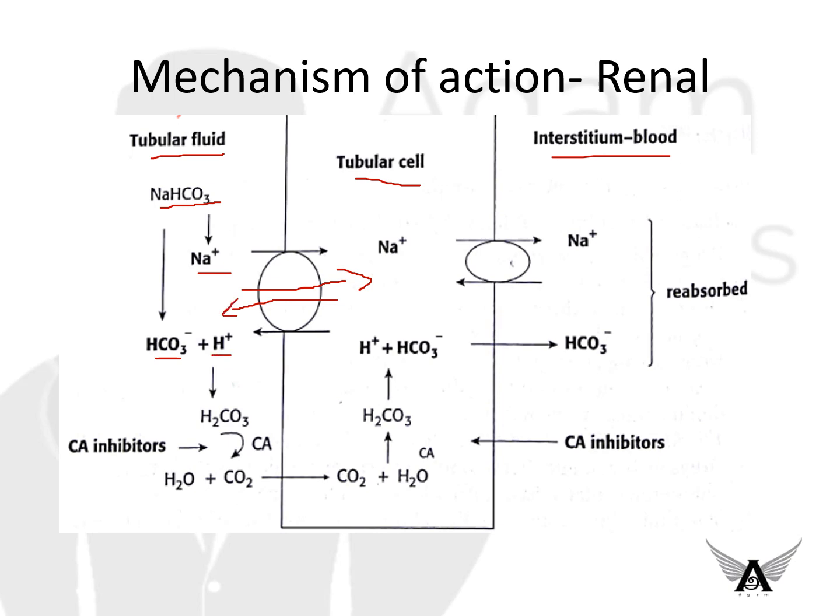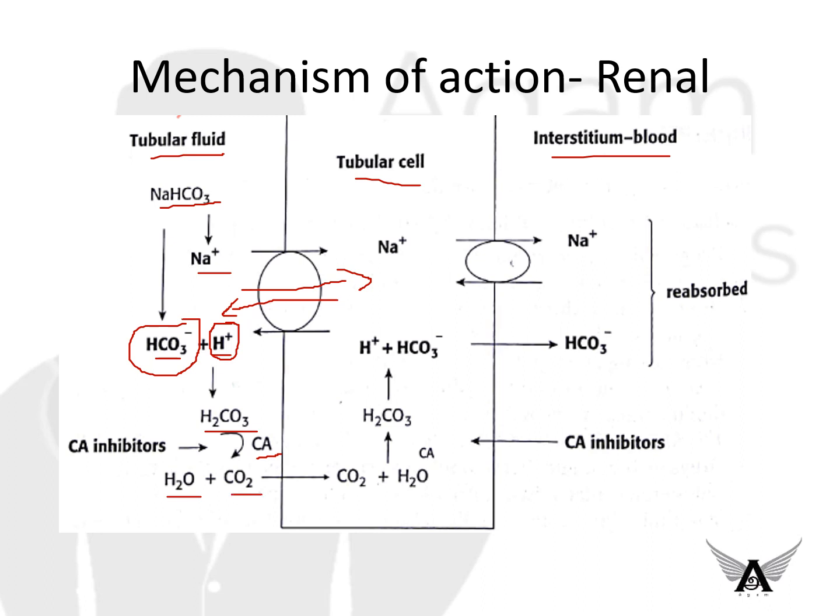Okay, this hydrogen ion combines with bicarbonate ion to form carbonic acid. This carbonic acid, under the influence of the enzyme carbonic anhydrase, dissociates to form water and carbon dioxide.